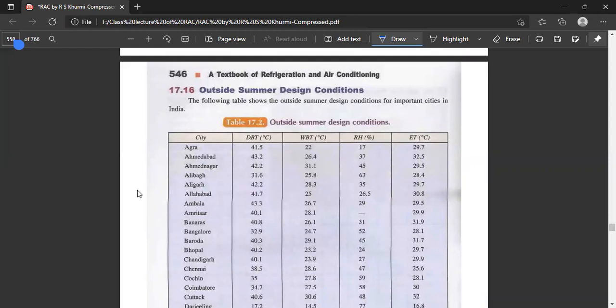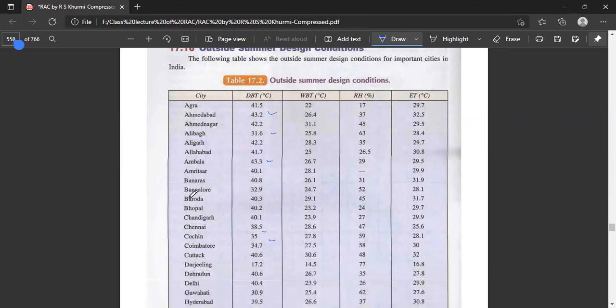You see, we have higher temperatures, more than 43, in places like Ahmedabad and Ambala, and all other places are more or less above 40. But Alibag is less. The same is the case with wet bulb temperature. Then Cochin and others are always giving us a lower design outside temperature.